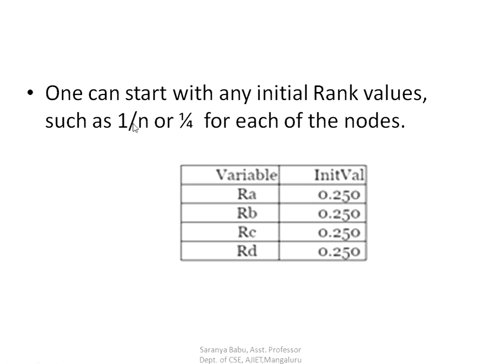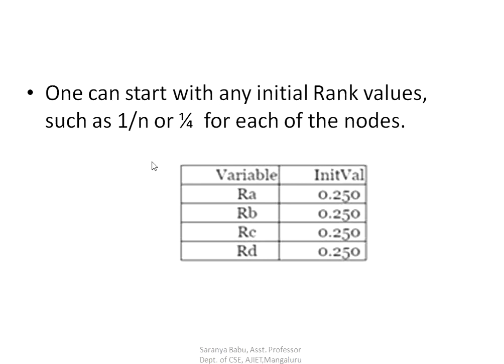Here n is 4, because the number of nodes is 4: A, B, C, D, so we can take 1 by 4.